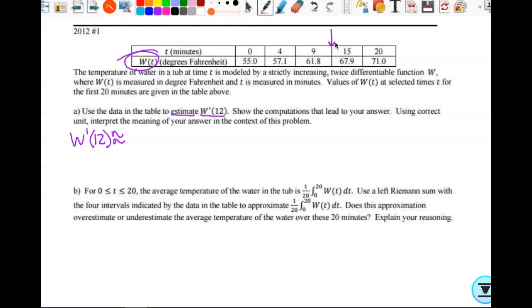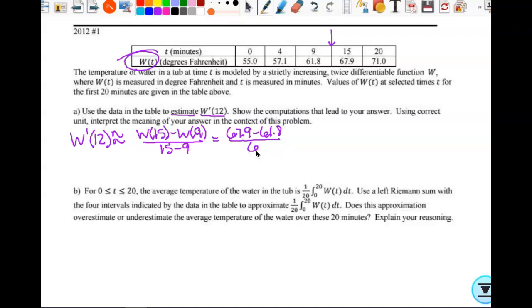So this is equal to W of 15 minus W of 9 over 15 minus 9. Okay, so you're finding the average rate of change, basically, but it's not the average value. That's something different. So then they gave us the 15, right? So this is 67.9 minus 61.8 over 6. And of course, you can leave it like that.